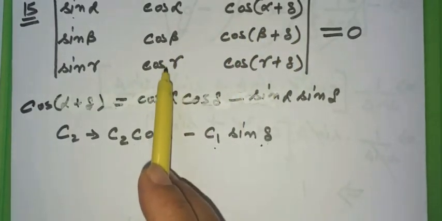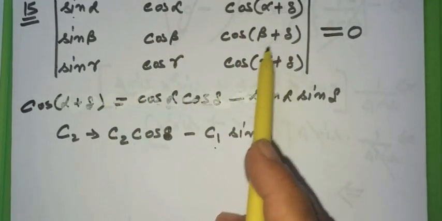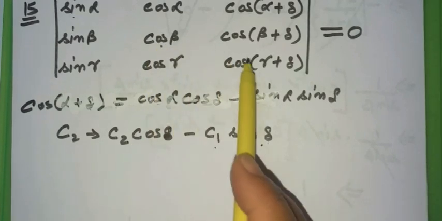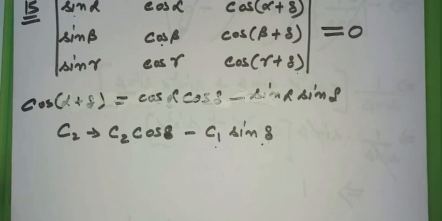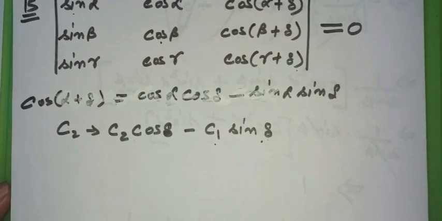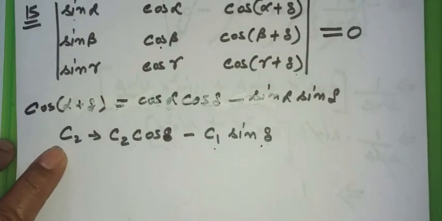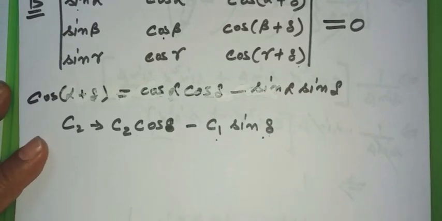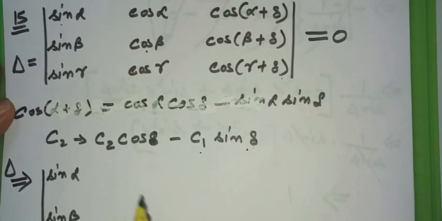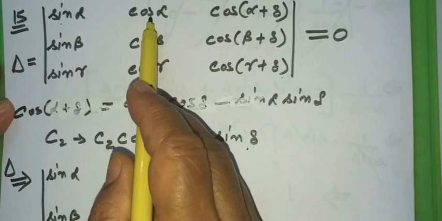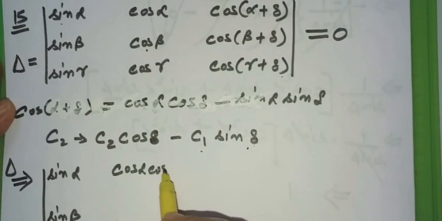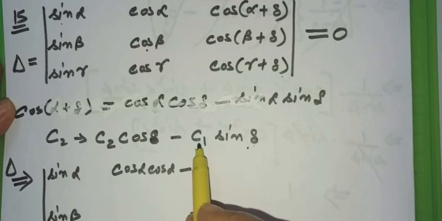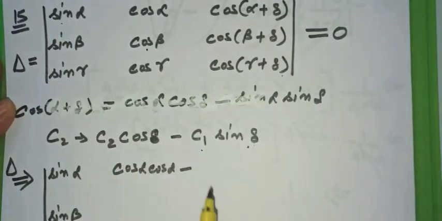And likewise I will get the same thing here in place of cos beta, and this I will get in place of cos gamma. Let us see how. Let us apply this operation to the second column. So cos delta into cos alpha, cos delta, minus C1. In place of C1 I write sin alpha.